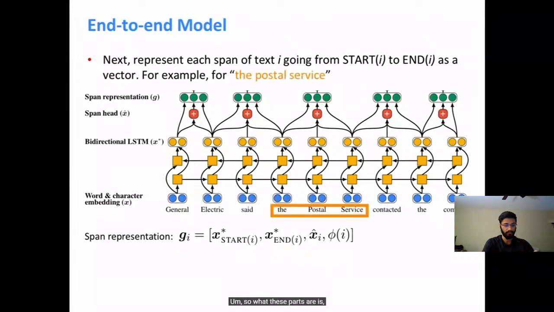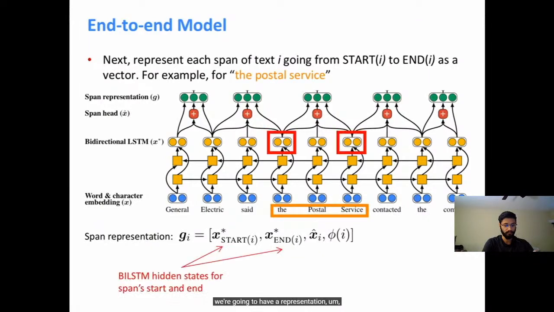First of all, we're going to have a representation which just looks at the first word of the span and the last word of the span according to the BiLSTM. So if we're looking at the span "the Postal Service", we take this BiLSTM output and this BiLSTM output and use them as part of the representation of the span.